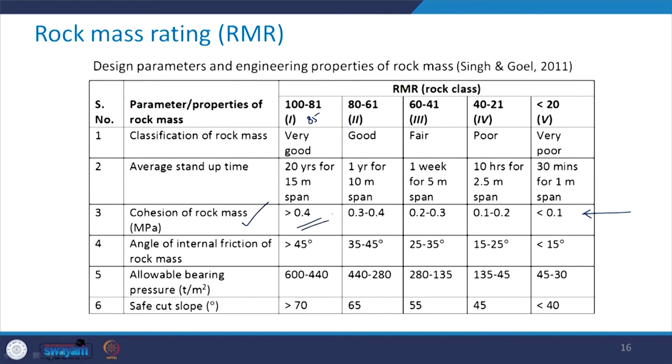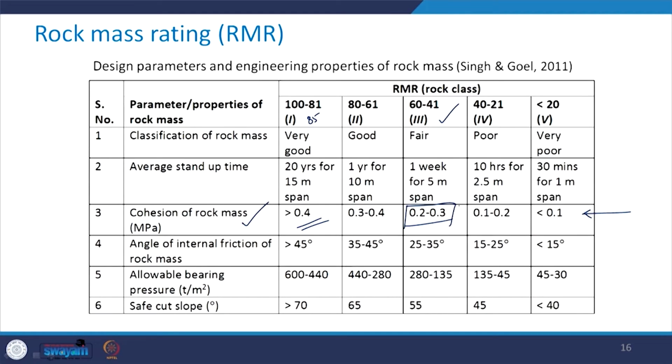Say it is 55. So 55 will lie in this range, and for the cohesion of the rock mass, you can get the idea that it is between 0.2 to 0.3. So this way rock mass rating is helpful in getting some idea about the cohesion of the rock mass.